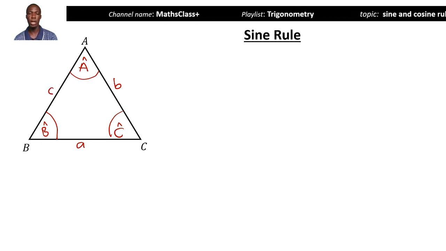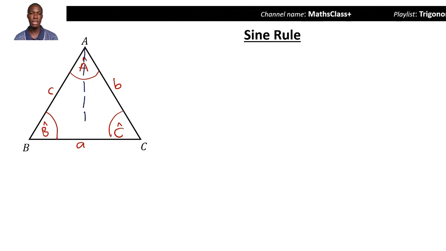Also, we will draw a perpendicular line from A to meet BC at D. So I'll label here as D, and that is a perpendicular line. Now, this perpendicular line is the height of the triangle.